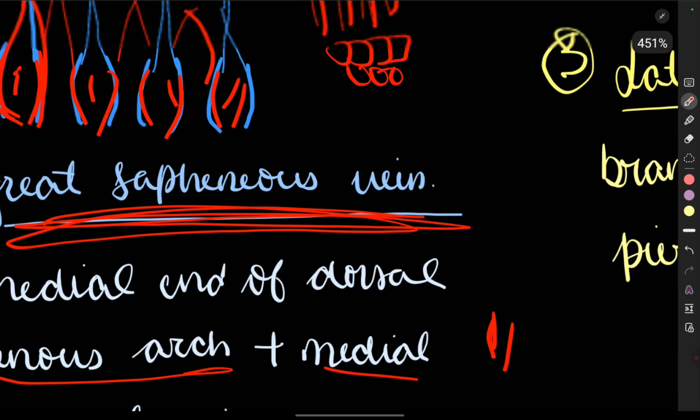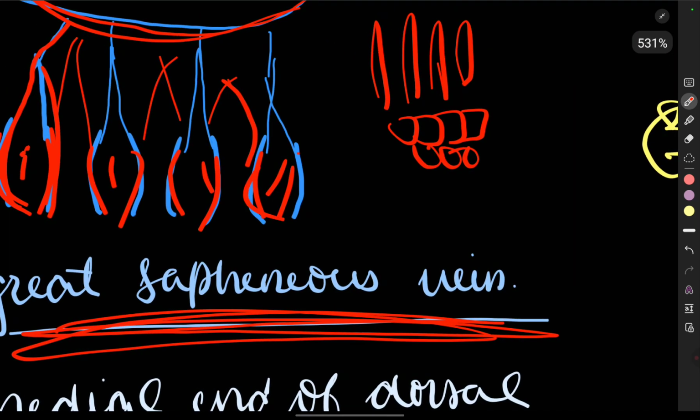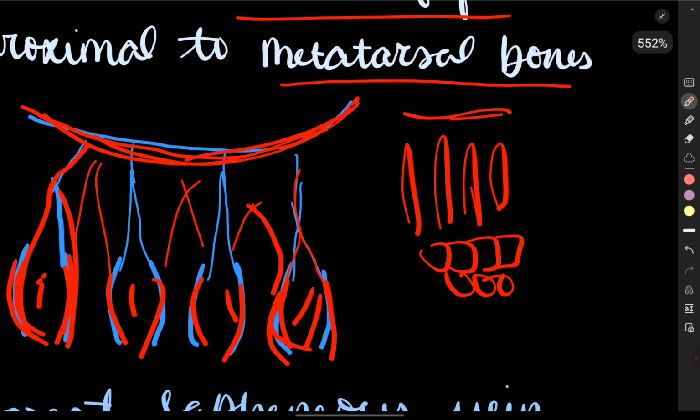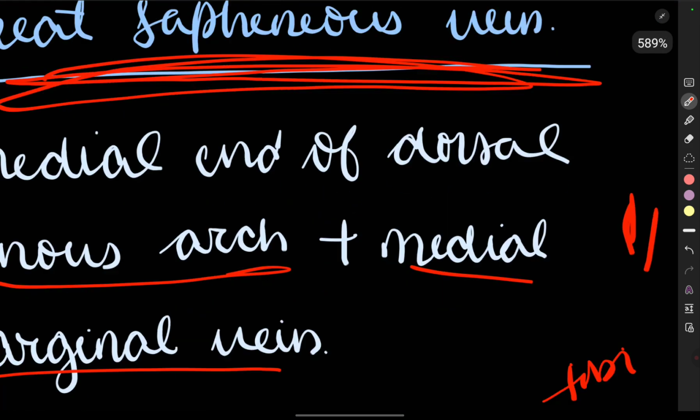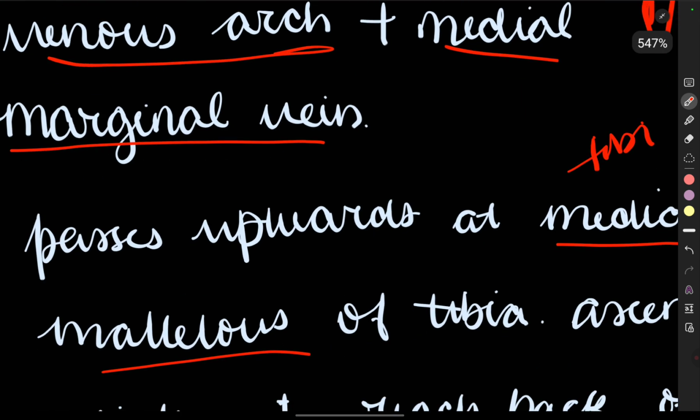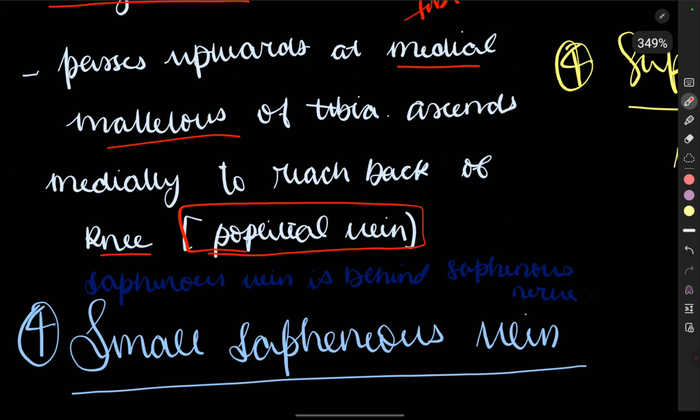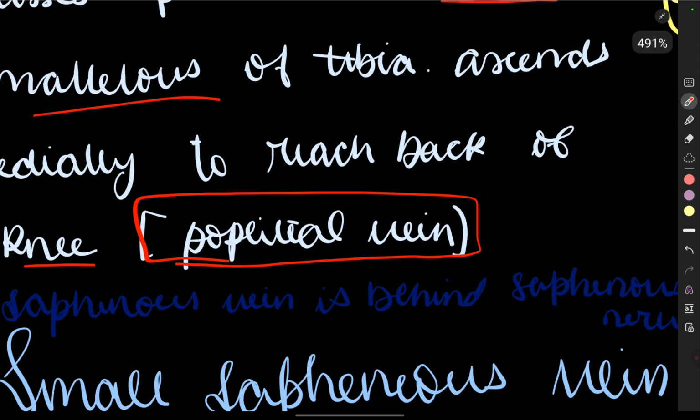So first we saw these veins, then they formed the dorsal arc, and this arc along with the medial marginal vein goes to the medial malleolus of the tibia, then goes medially and reaches the popliteal vein.